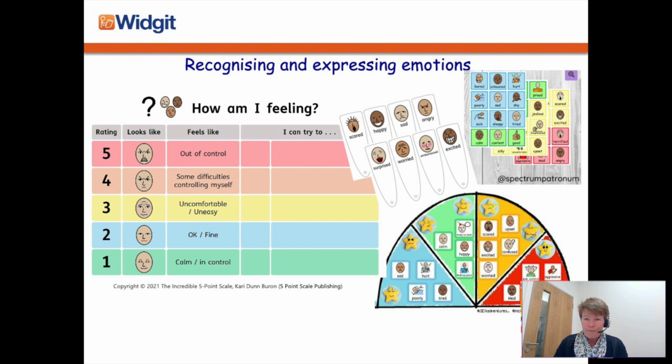The zones of regulation there and the Spectrum Patronum Instagram page, those are Widgit Online, and the ones at the bottom were Widgit Online and cut out and put onto a specific display in the room. So again, having the symbol, allowing the child to reduce anxiety because they're able to express themselves when they're not being able to process language. Next slide, please.